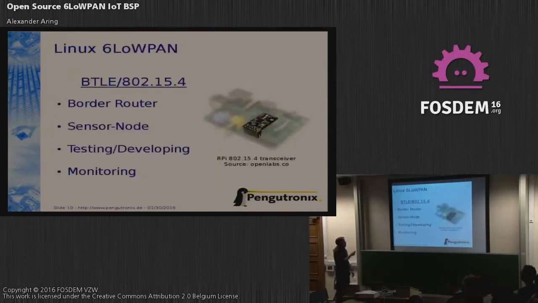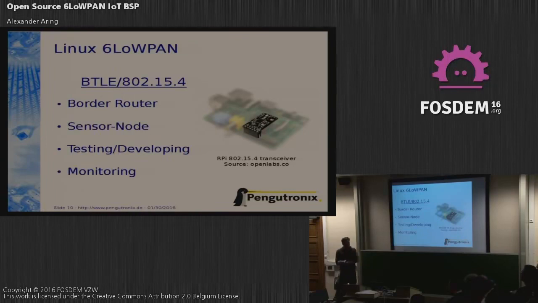So Linux 6LoWPAN, what we currently support is Bluetooth Low Energy and 802.15.4, and a typical use case is a border router for routing from an Ethernet IPv6 network into a 6LoWPAN network, or a simple one as a central node for measuring temperature or other stuff, and you can also use it for testing.